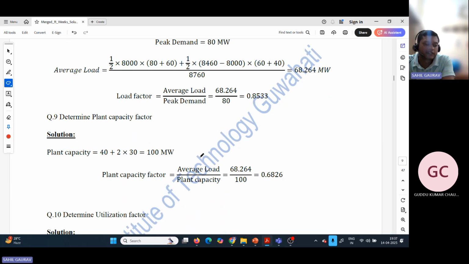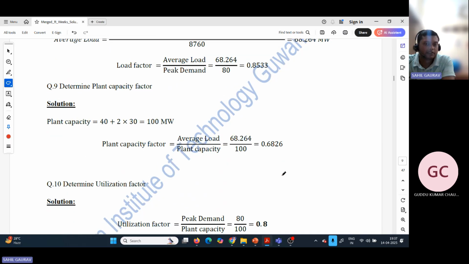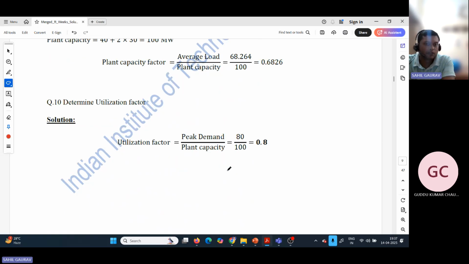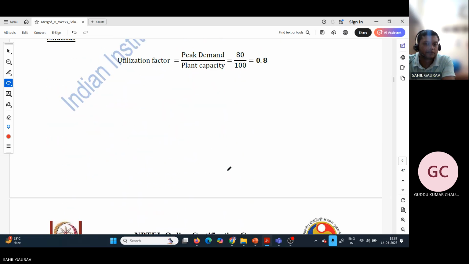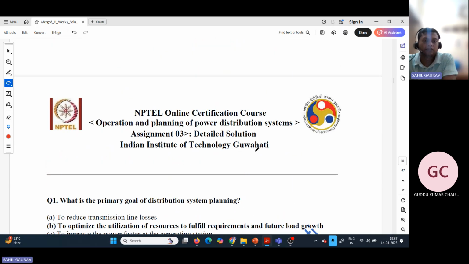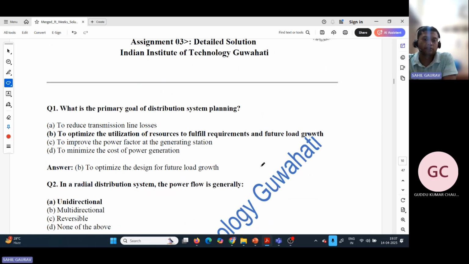Plant capacity factor is the actual average load upon plant capacity, meaning the maximum plant rating. So we will get the plant capacity factor. And utilization factor is the peak demand upon plant capacity. So this is till here for assignment 2.